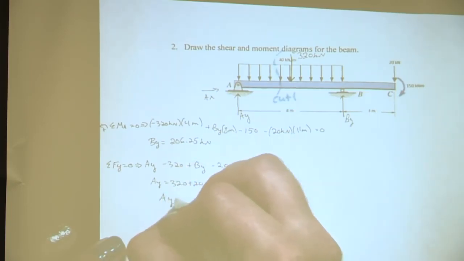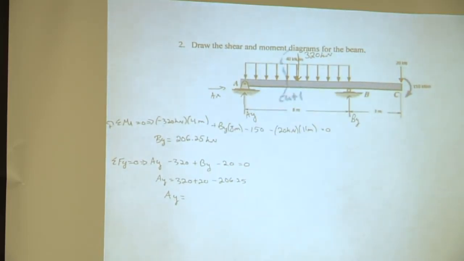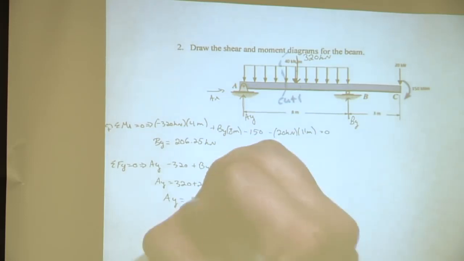And then what will that give us for AY? Yep, 133.75.